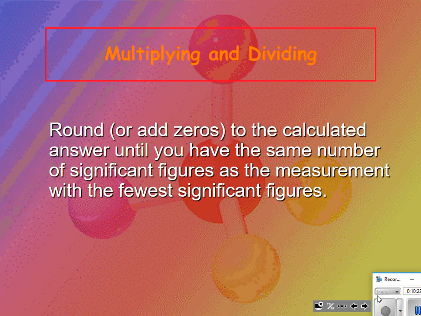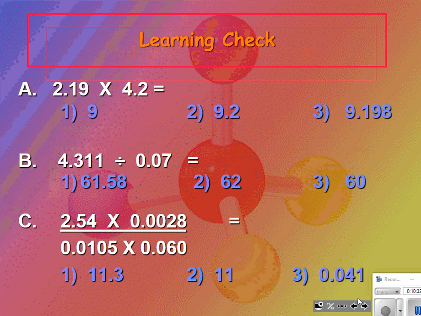Now, I think, folks, that this is the easier one, because we're going to do a couple here. We'll just jump right into it. Here are 3 different problems. I look and I say, okay, right here, how many significant figures are there in that number?